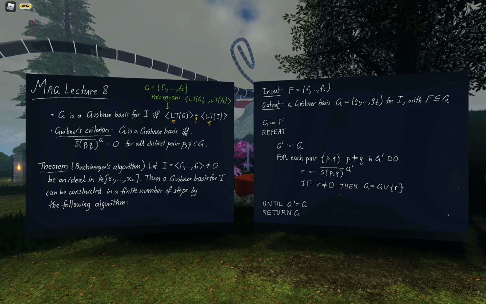We look through all pairs, we divide them by that fixed G prime, we add the remainders to G. G's getting bigger, so it starts with G prime, and then it's G prime and the first remainder, and then it's G prime and two remainders, and so on, until we've looked through all pairs, and then we hit the end of the loop and we go back to the beginning.